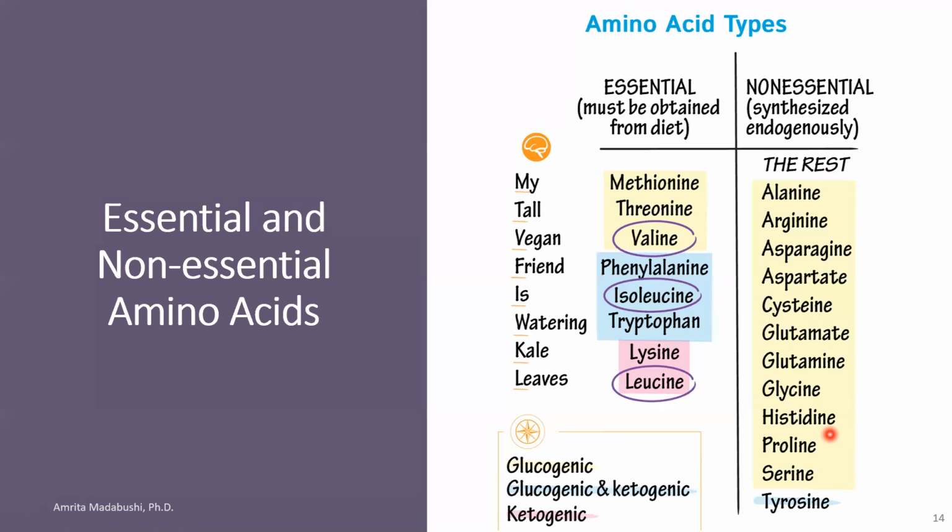We all know that methionine is the one that typically starts a chain. Valine also does, but methionine is the most common one. So that's one way I remember that methionine is essential. And then there are a bunch of these, aspartate, glutamate, asparagine, glutamine, all of which are non-essential.